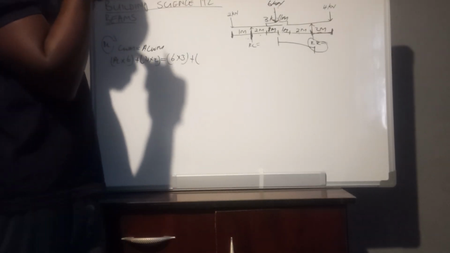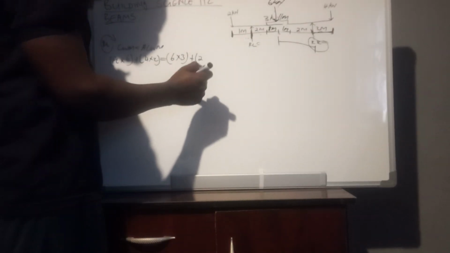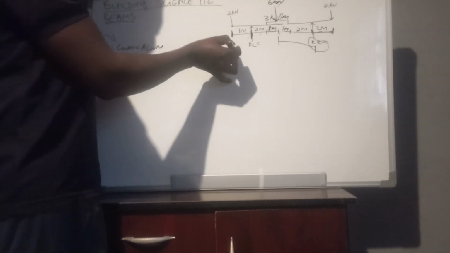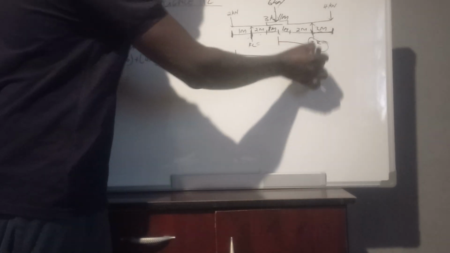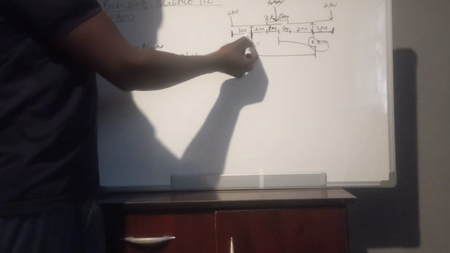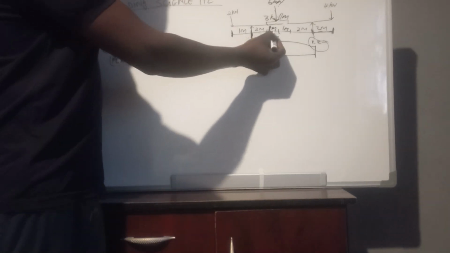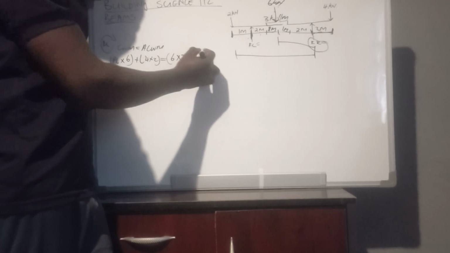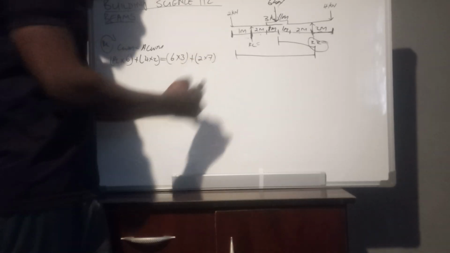Plus the last force, which is 2. I'm going to say 2 multiplied by the distance it takes from where 2 is up to RR, because all the forces are moving towards RR. So I'm going to have 1, 3, 4, 5, 6, 7, which is multiplied by 7, right?